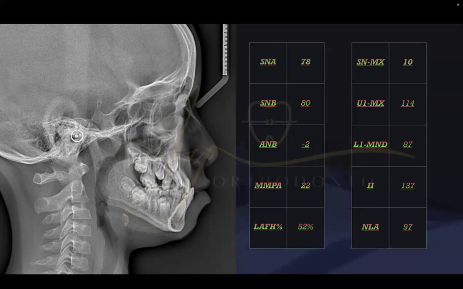The dental can be due to dental crossbite or the discrepancy in the size and position of the dentition. And the functional also can be due to the occlusal interference.